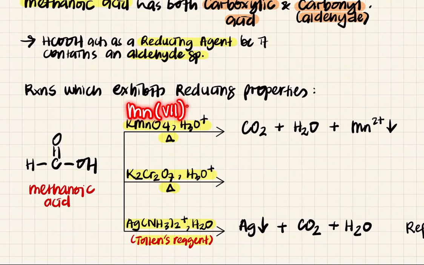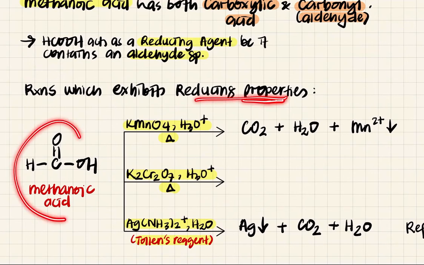After it undergo reduction, kan? Because methanoic acid undergo oxidation, dia ni undergo reduction, the oxidation state will decrease. So sekarang awak ada Mn2+, daripada plus 7 jadi plus 2. Okay. So ini menunjukkan the reducing properties, okay, when your methanoic acid act as reducing agent lah.